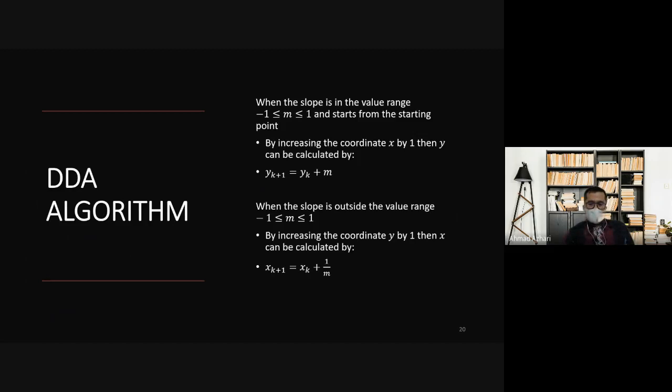But when the slope is outside the range of -1 to 1, you swap: increase the coordinate y by 1 and calculate x using the previous x plus 1 divided by m, for m outside of -1 to 1.